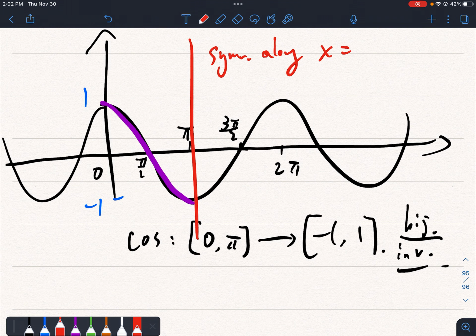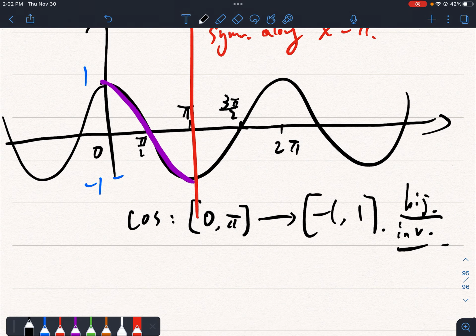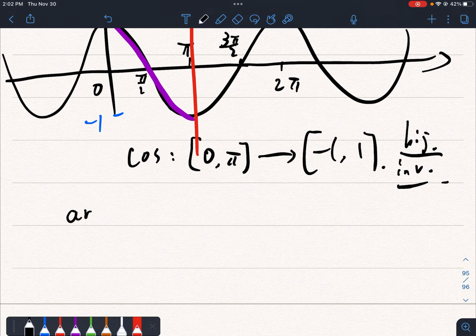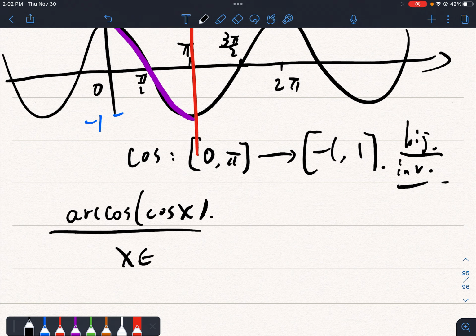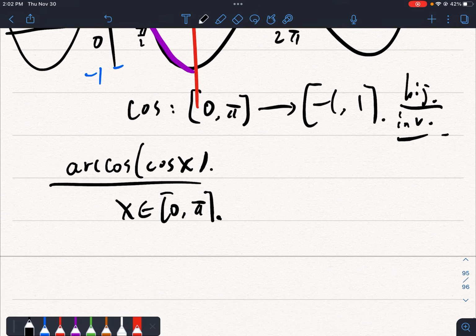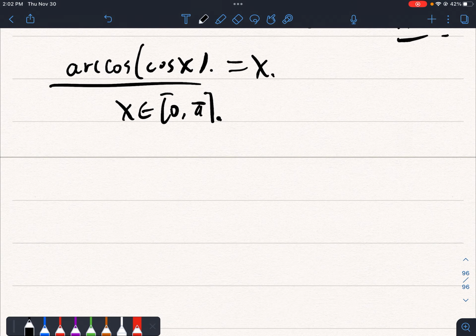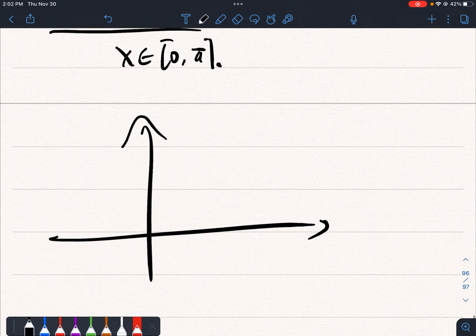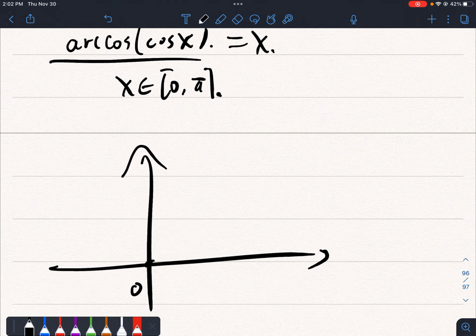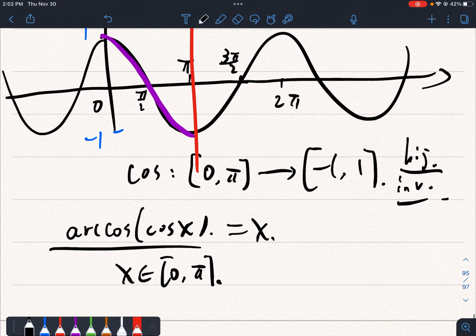So then you can also have the graph, and then you will see that now this is symmetric along pi, not just pi over 2. It's symmetric along x equals pi. And then, if you wish, we want to sketch the graph of arc cos of cos x. Then at least for all the points x in the interval 0 to pi, it must be equal to x, right?